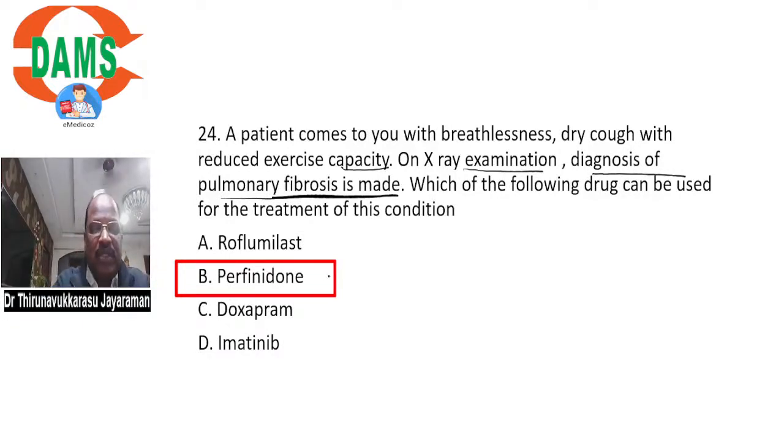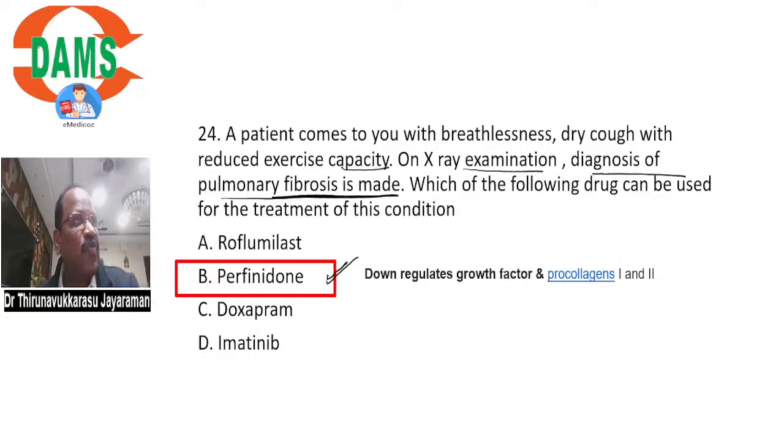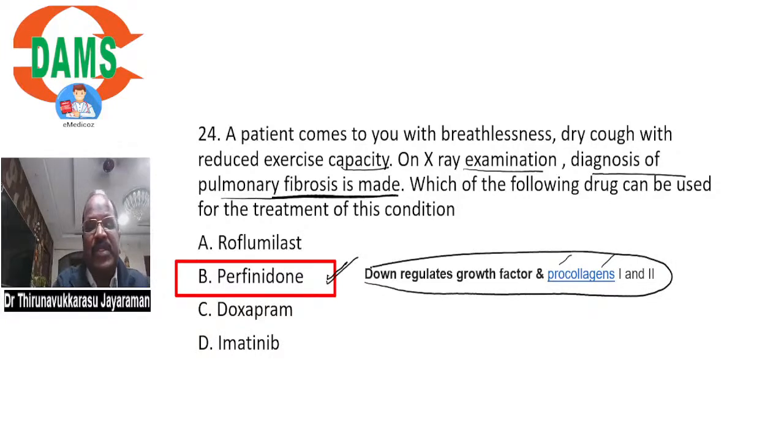Actually, it's a drug targeting some growth factors and also targeting procollagen 1 and 2. Because of targeting these factors, it prevents lung fibrosis. It is approved for treatment of idiopathic pulmonary fibrosis.